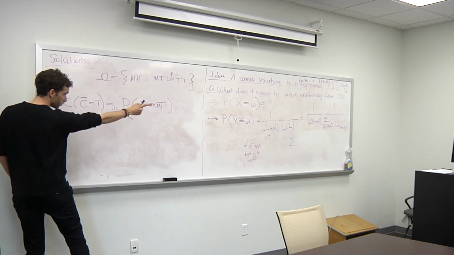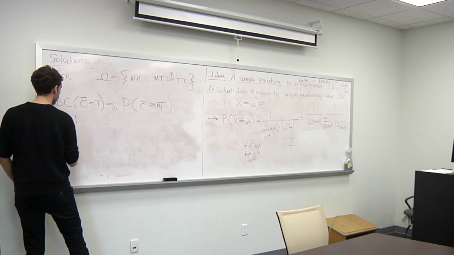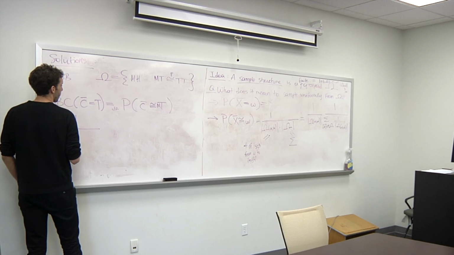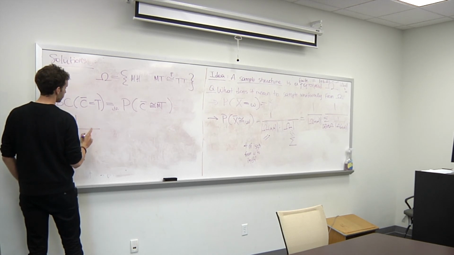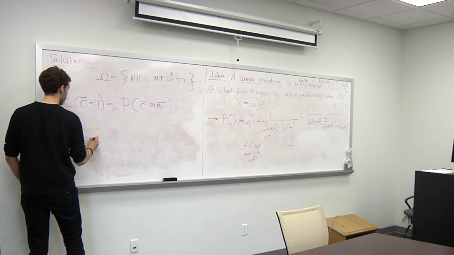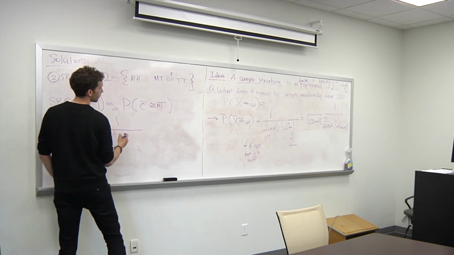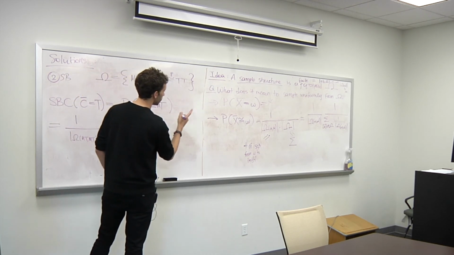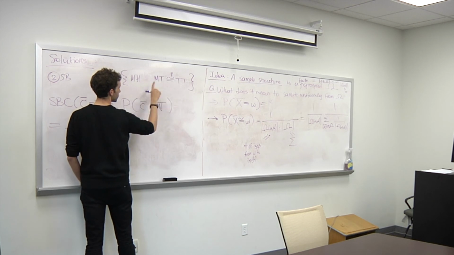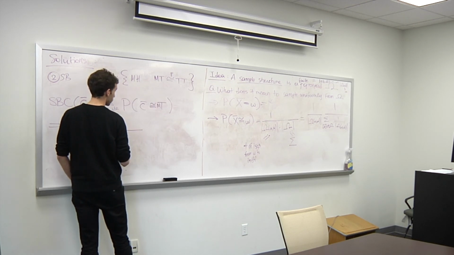And what is this equal to, following the formula? Well, it's equal to 1 over, let's be very careful now, 1 over the size of the automorphisms of MT, times 1 over, now there are 2 components, but there's only 1 automorphism, so this is going to be 1 plus 1.